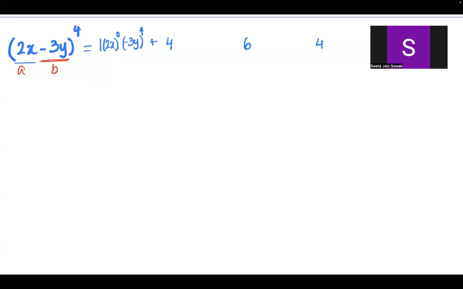Plus, now we have 4 times 2x, which is a to the power 1, and b, and that's negative 3y to the power 3. My next term is 6 multiplied with a to the power 2, and b, that's negative 3y to the power 2. Just observe again, the power of a is increasing and the power of b is decreasing.